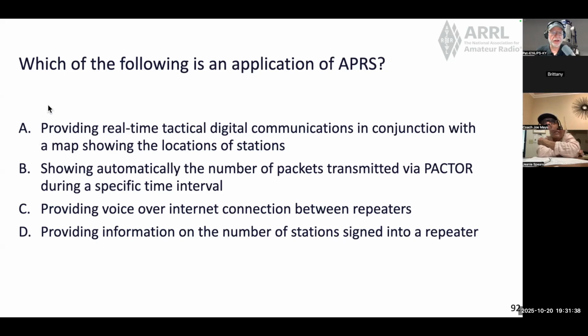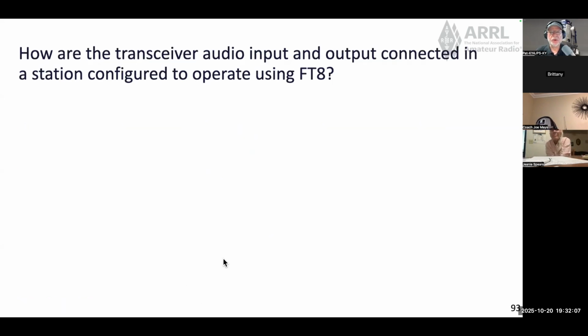This was directly from the slide, and it's to provide real-time tactical data communications in conjunction with a map showing the location of the stations. So think of it, APRS, one of the main uses is to show your location. So remember a map showing the location of stations when you have APRS. So it's going to be A. I shouldn't say A, but for this question, that's the correct one.